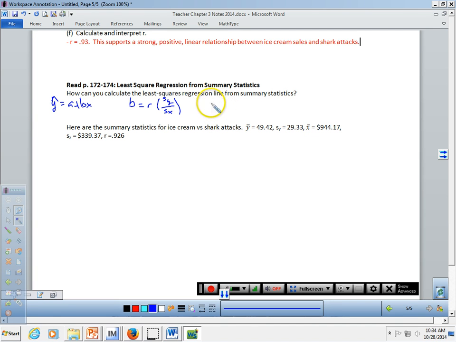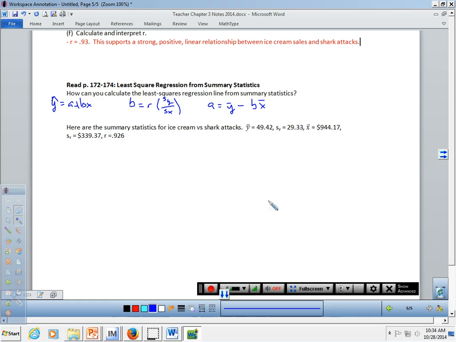That's just where the slope comes from. The y-intercept comes from taking your mean for your response, so y bar, and subtracting the slope times x bar. Okay? So this becomes a couple of formulas that we're just going to plug in.